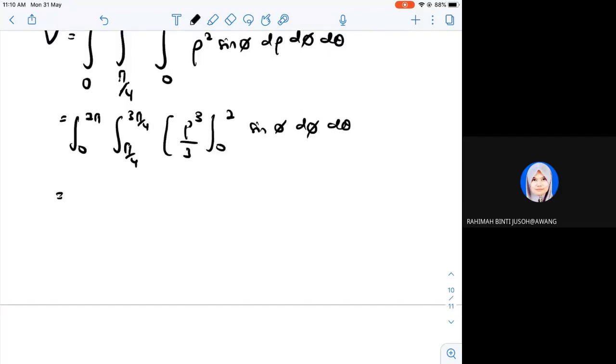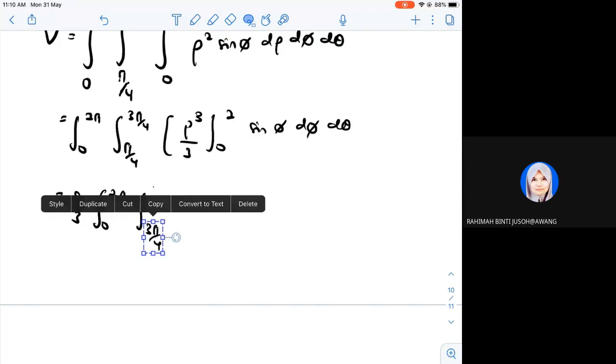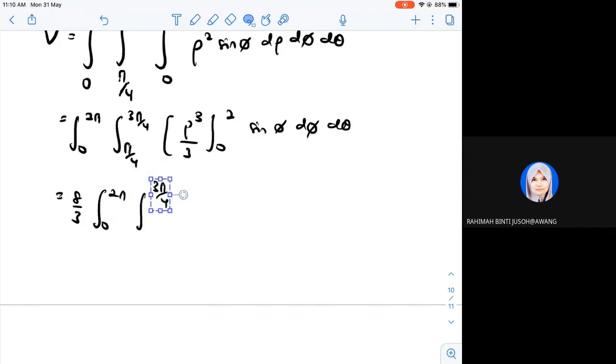Okay, so 2 cubed is 8 over 3. So we have sin phi.